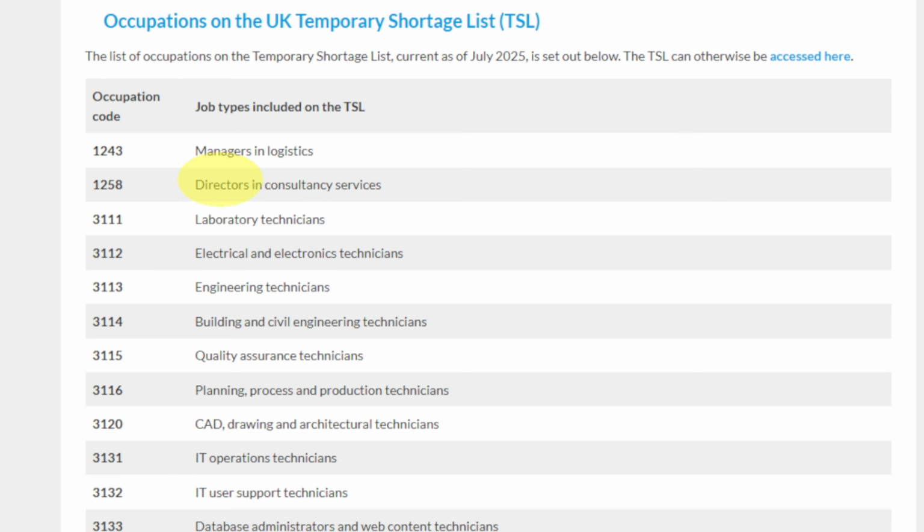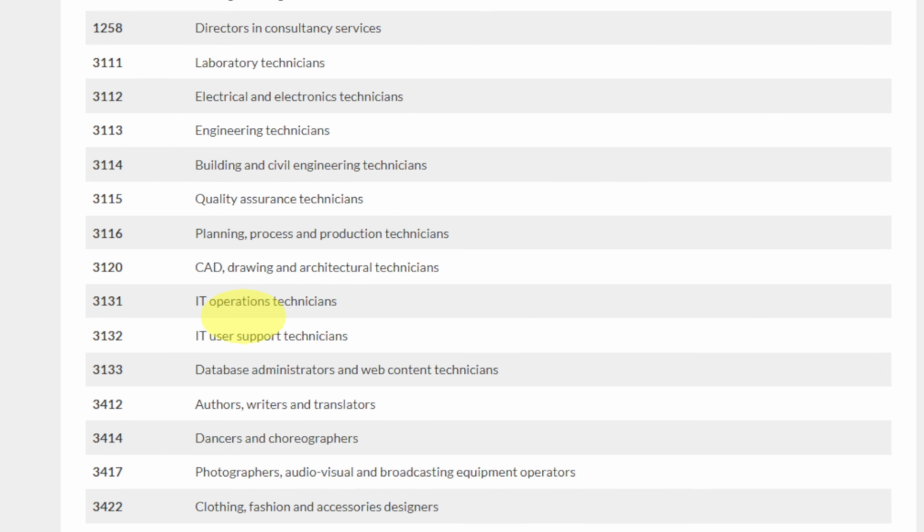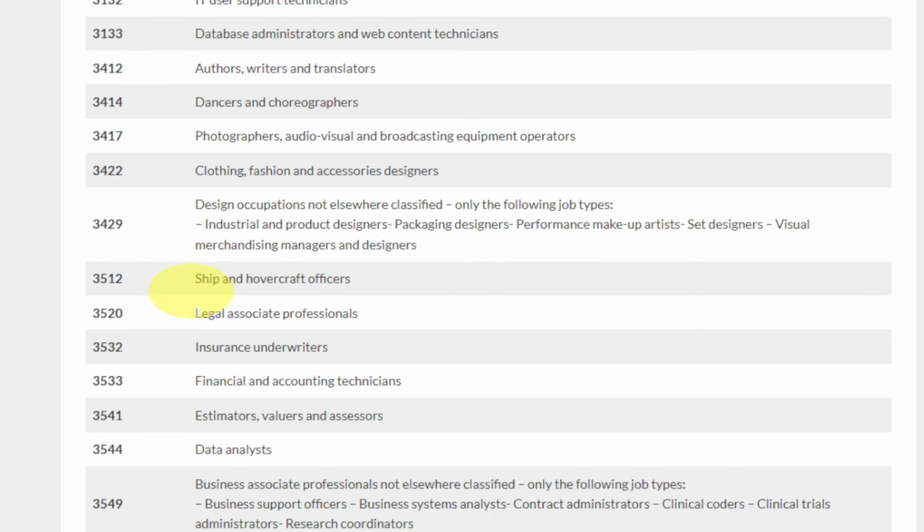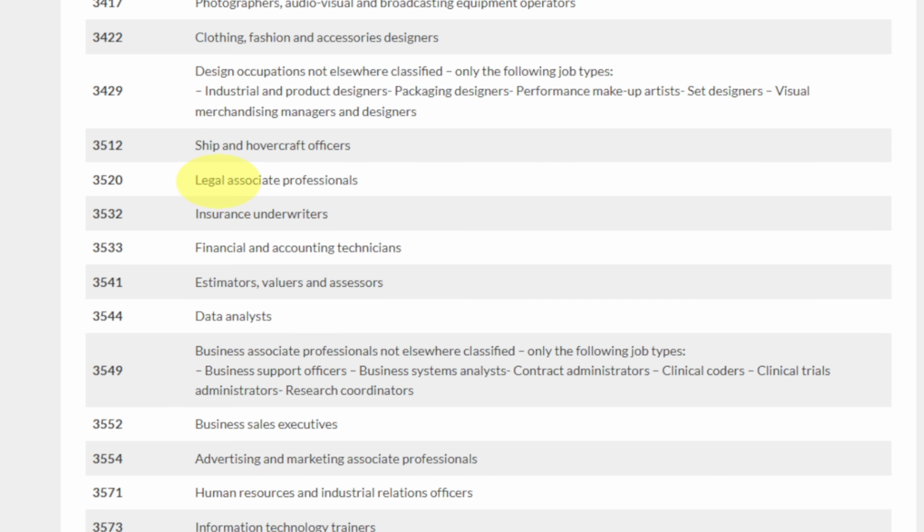Next one is directors in consultancy services, laboratory technicians, electrical and electronics technicians, engineering technicians, IT operations technicians, IT user support technicians, database administrators, and web content technicians, ship and hovercraft officers, legal associate professionals, insurance underwriters.